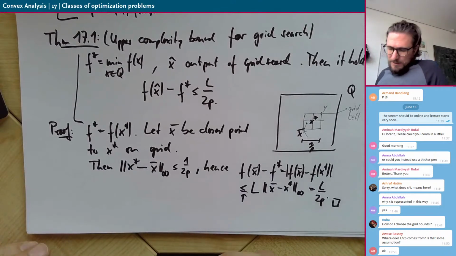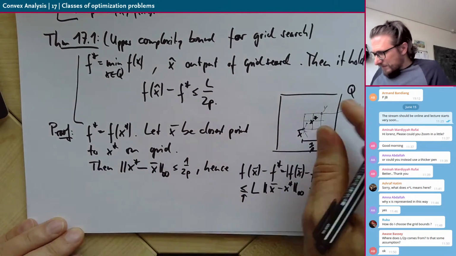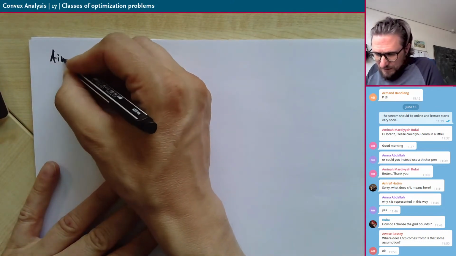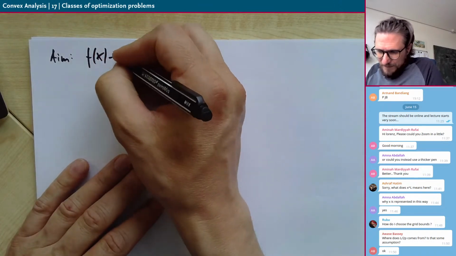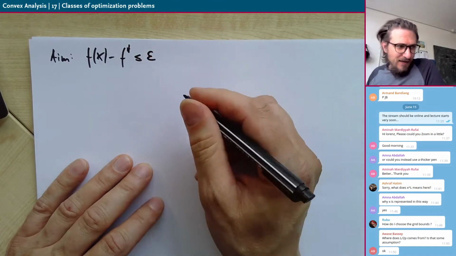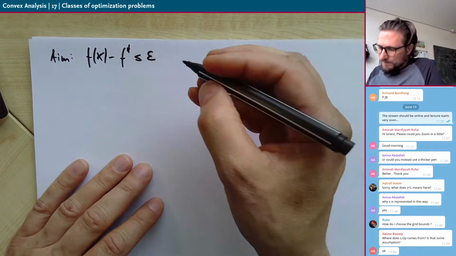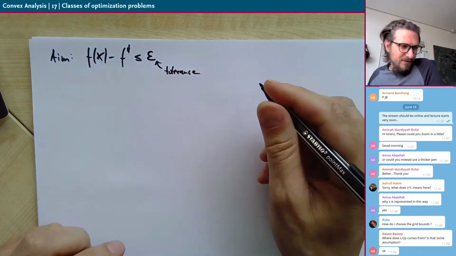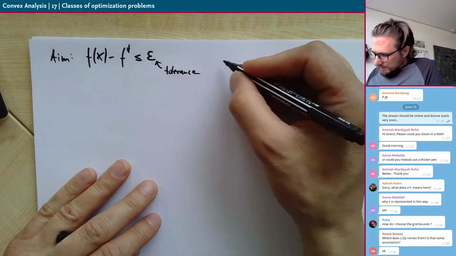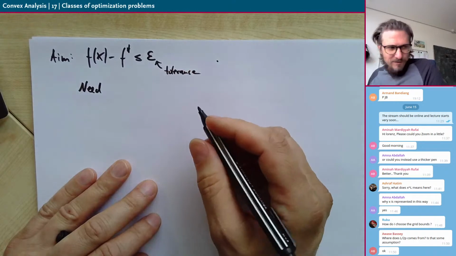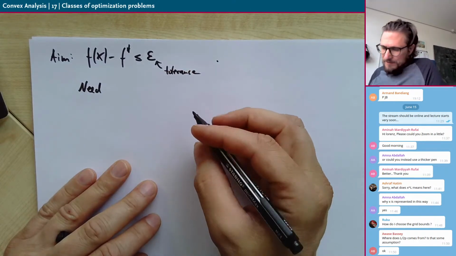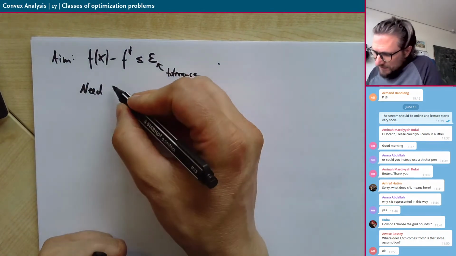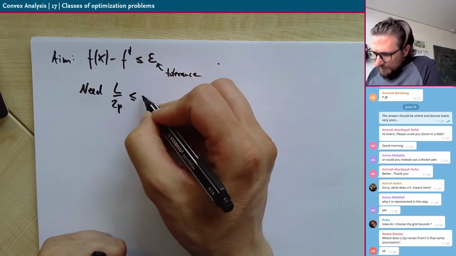Put differently, if our aim would be that f of some x minus the optimal one is smaller or equal to some given epsilon, some given tolerance, some given distance to optimality, what our result tells us is that you have to choose p in a way such that L over 2p is smaller than epsilon.